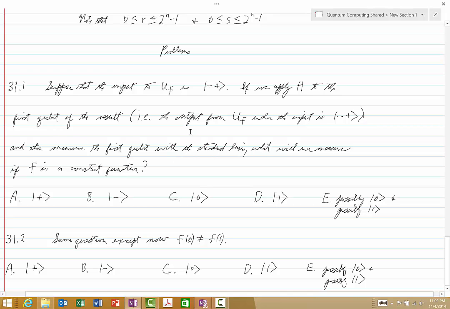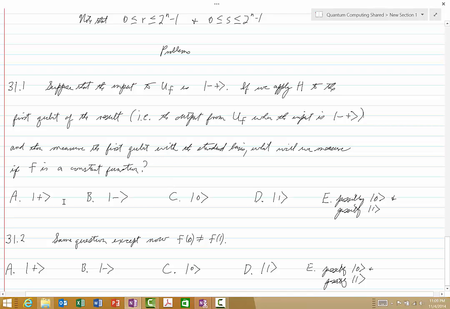In other words, if you apply the Deutsch problem algorithm, everything is just the same as what we discussed in the last lecture, except the input to the unitary transformation use of f is minus plus instead of plus minus. Will it now give you a certain indication of whether f is constant or non-constant?